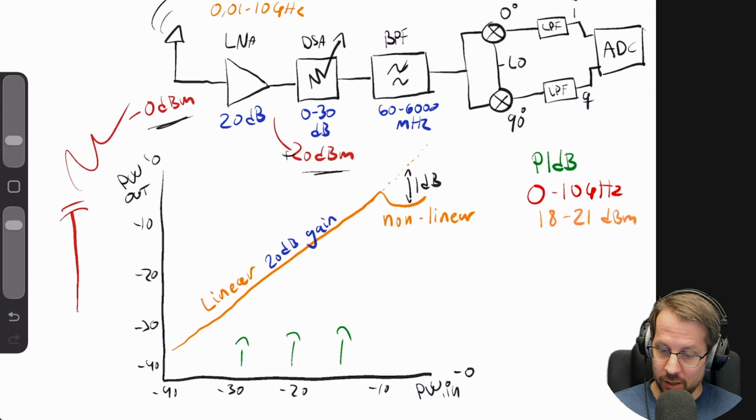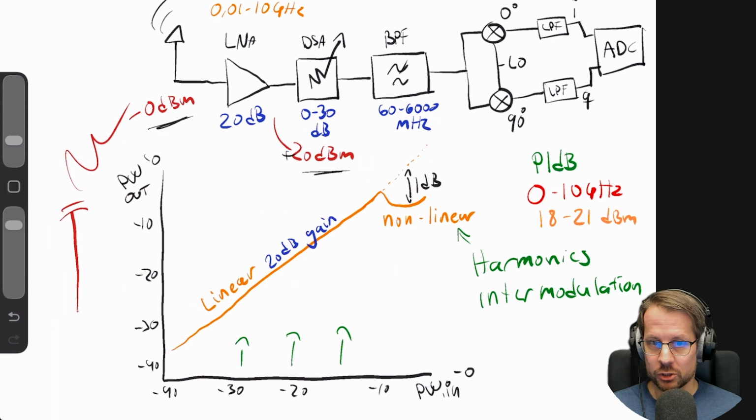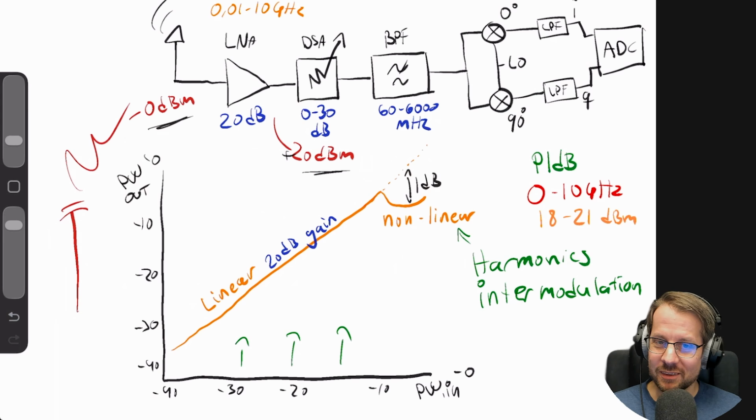So when this happens, it will generate harmonics and intermodulation and typical distortion, right? I hope you can read some of this, my bad text here. So now it will do that.